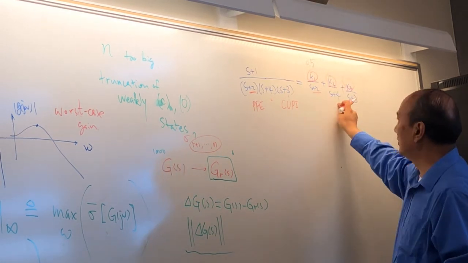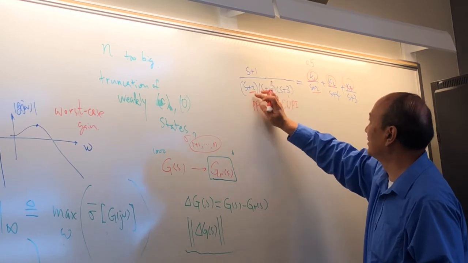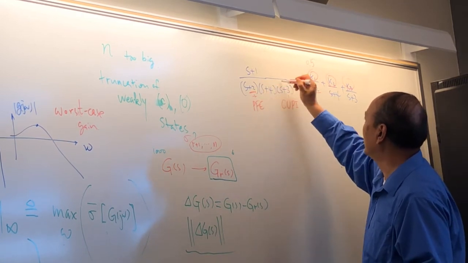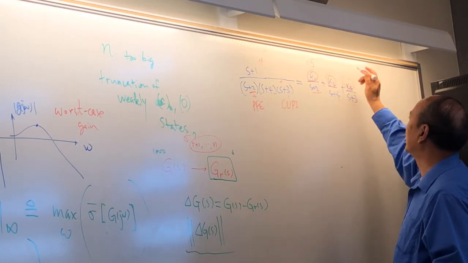For K2, I cover s plus 4 and plug in minus 4. This gives minus 2, minus 1, minus 3, so this is minus 1.5.